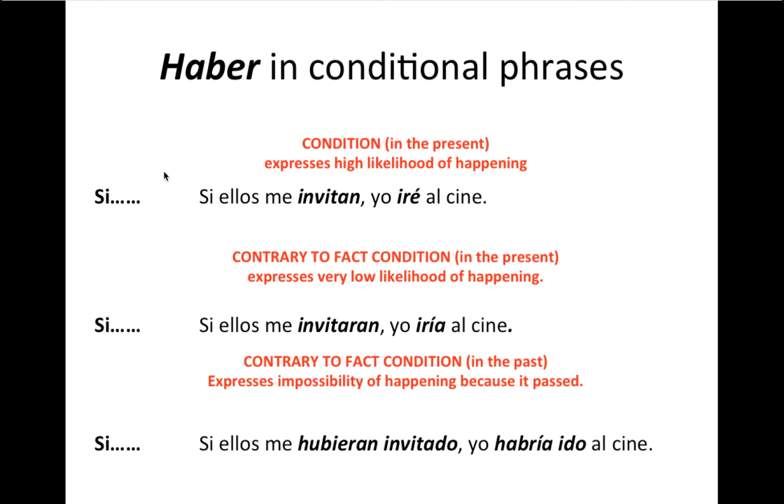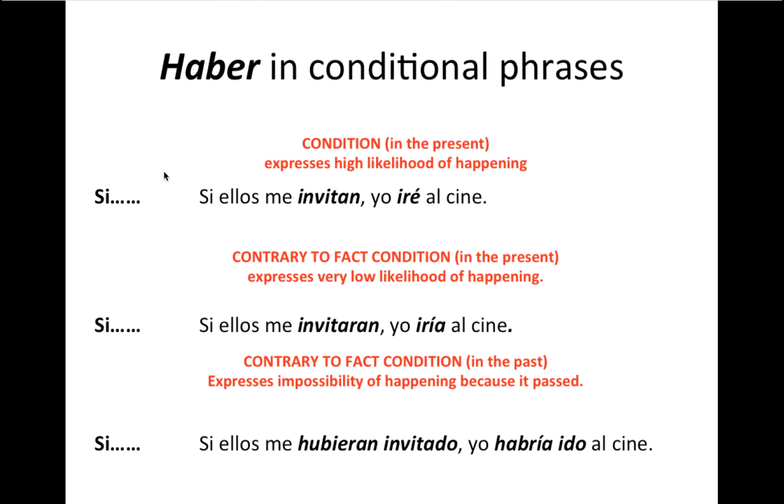Notice the use of haber throws the action in the past. It expresses impossibility of happening because it is past time. So haber is used in the past tense of the subjunctive, hubieran invitado, if they would have invited me. Yo habría ido, I would have gone to the movie theater.